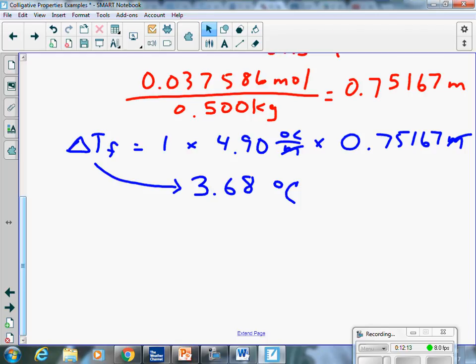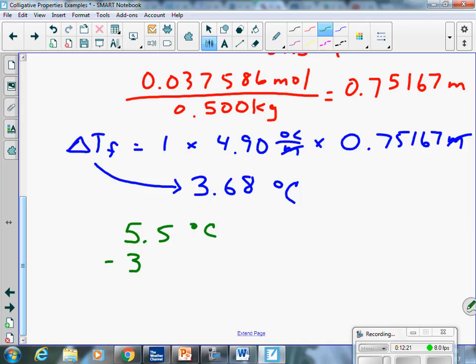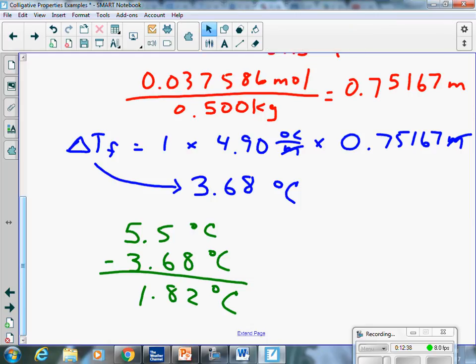So what I'm going to do is take 5.5 degrees Celsius and its freezing point depression. So I'm going to subtract 3.68 degrees Celsius. So my new freezing point is going to be 1.82 degrees Celsius. And that is my final answer.